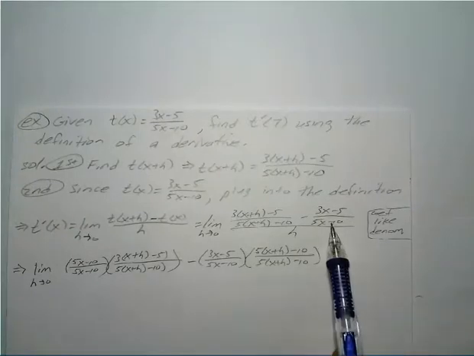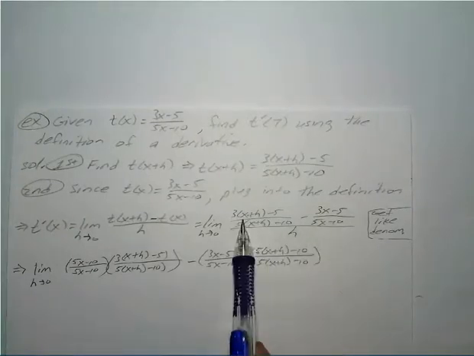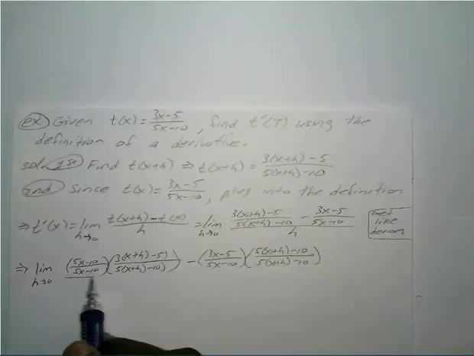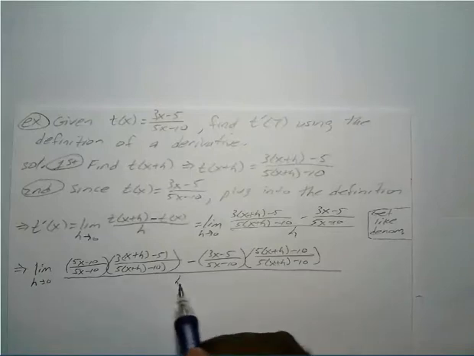So basically multiply the first term by this denominator and multiply the second term by the first denominator. And put that all over h.